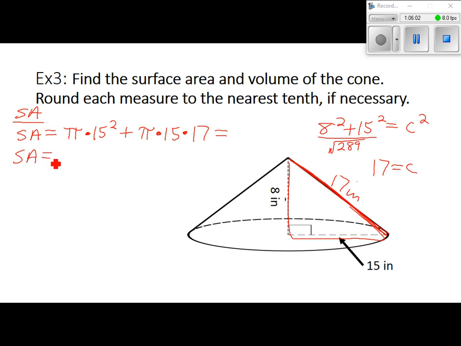The other formula is pi times radius squared plus pi times radius times the square root of r squared, which is 15 squared, plus the height. This here is the height. Remember, that's the height. This is the slant height.